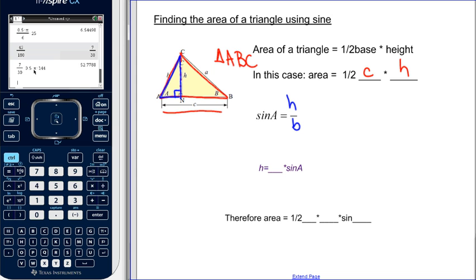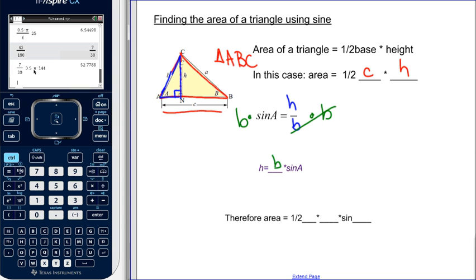B is the hypotenuse here. Okay, and if we solve that for H, if we multiply B to the other side, these are going to cancel. We've got H is equal to B times the sine of A.